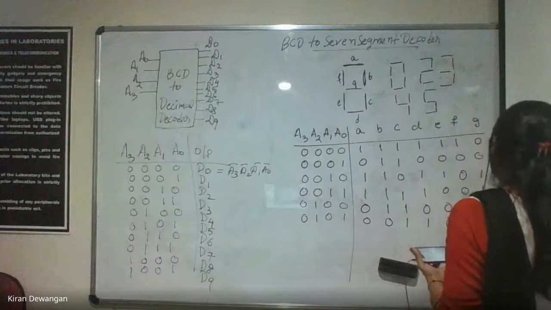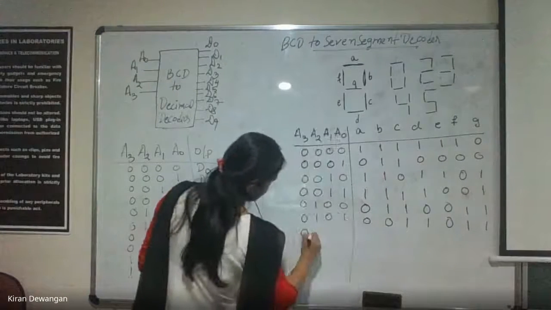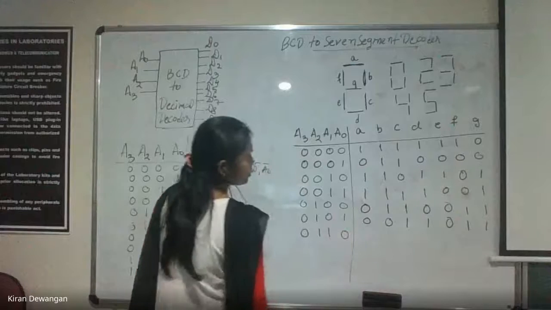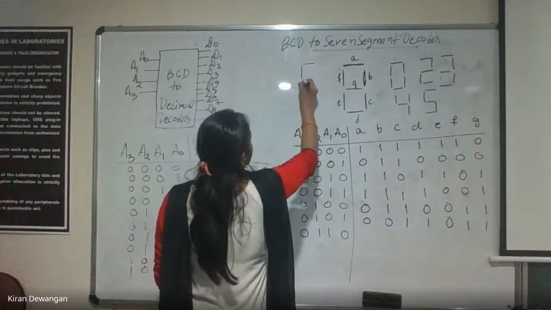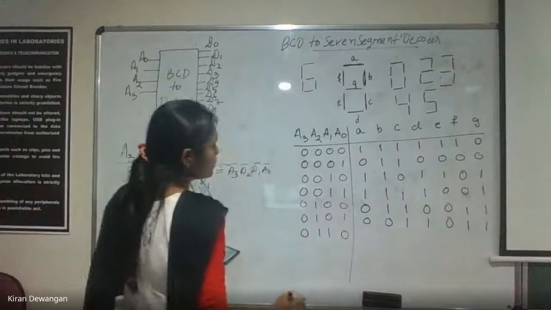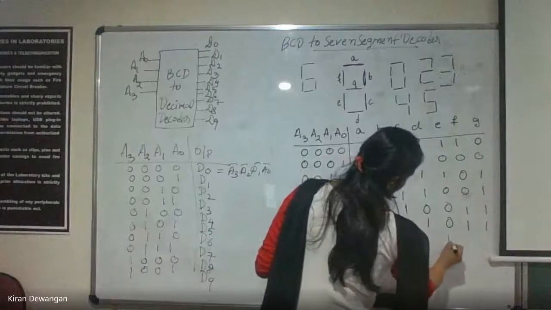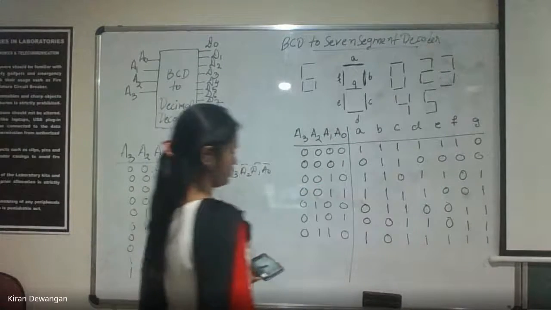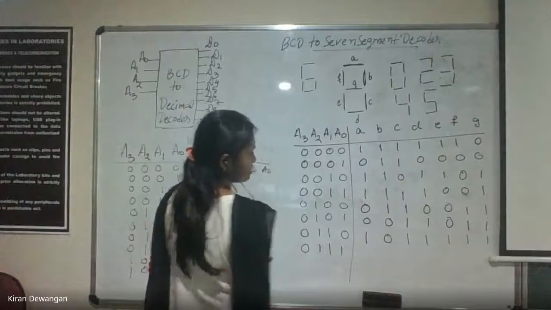Then F and G are high. Then 0 1 1 0. For 6, 6 will look like this. Only B will be low. It's 1 0 1 1 1 1 and 1. Correct.